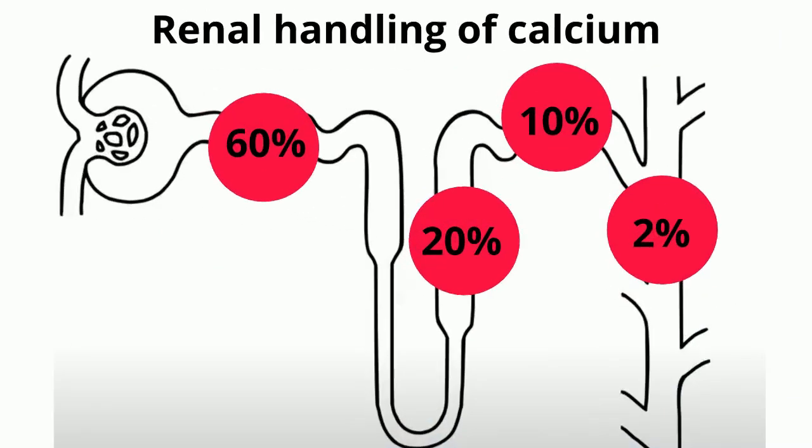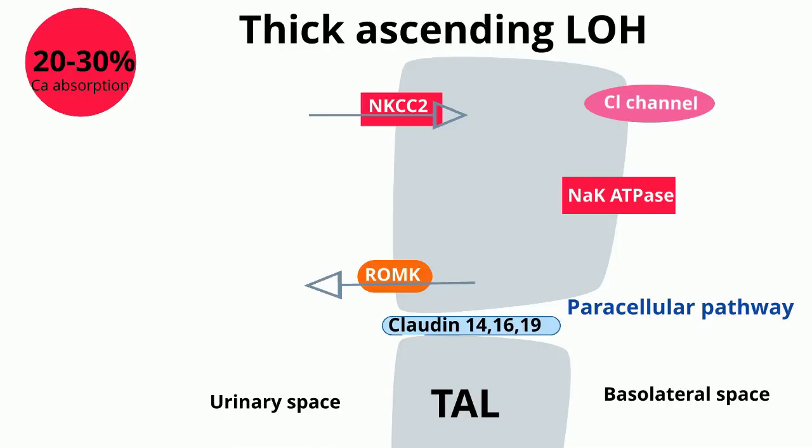So what does the kidney do on a minute-to-minute basis to help us with our calcium levels? If we have a decreased calcium level, this inactivates the calcium sensing receptor. It causes increased parathyroid hormone release. We then increase our paracellular calcium reabsorption in the thick ascending limb of Henle.